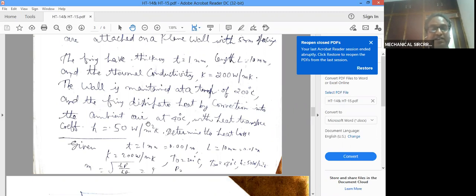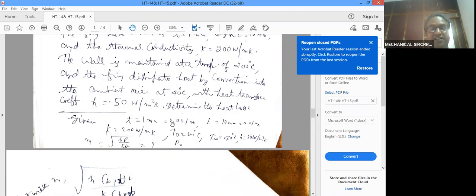Okay, given data: thickness of the fin 0.001 meters, that is 1 mm. Width of the fin is not given, so that's why you have to assume width is unit meter, or 1 meter.